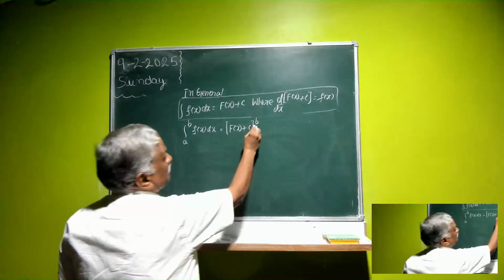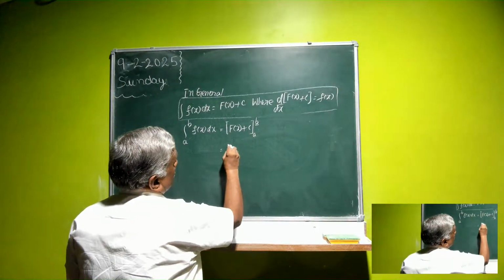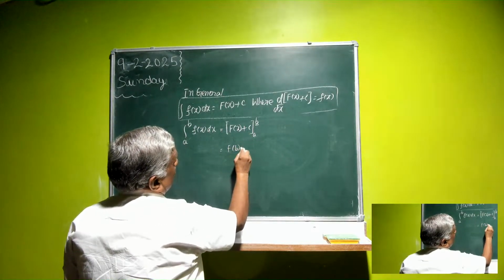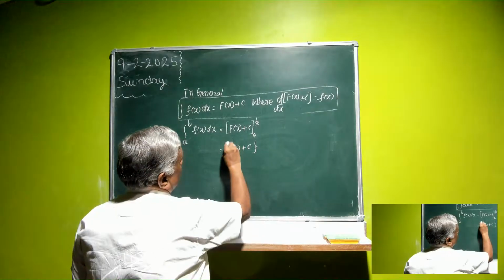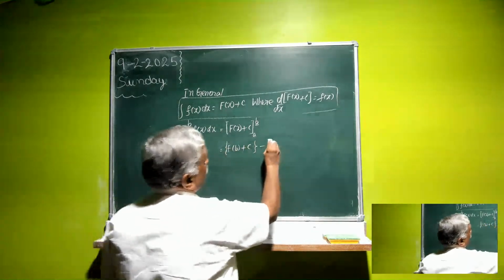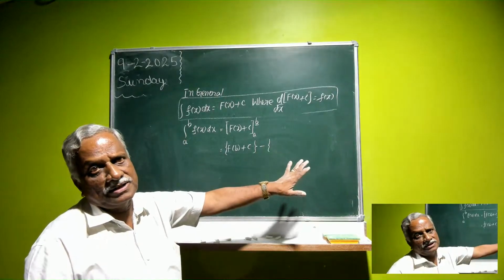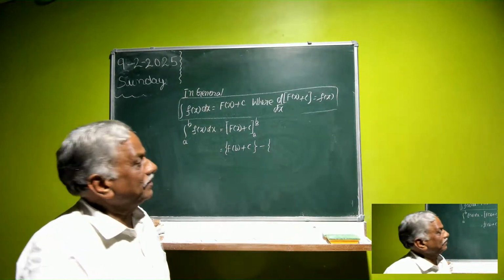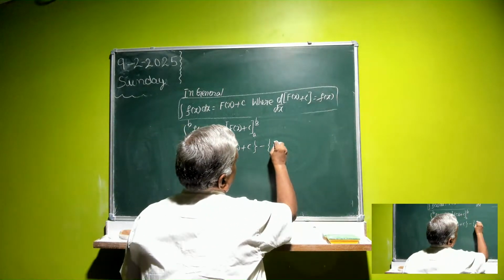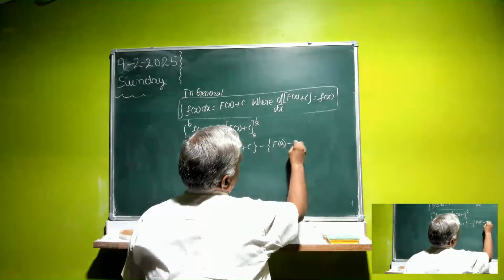Then we substitute this upper limit first. F of b plus c, minus we substitute the lower limit. I'll go for details later. I'm just giving some example to show in what way they are different. F of a plus c.